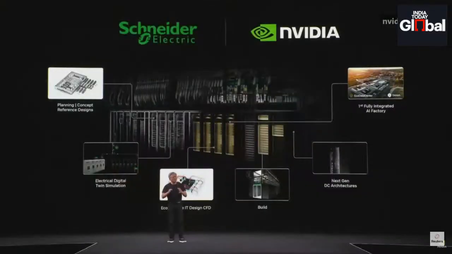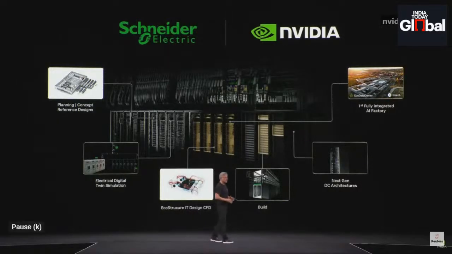One particular one I want to highlight, our partnership with Schneider, building these AI factories. We build them digitally now. We design them digitally, we build them digitally, we operate them or optimize them digitally, and we will even eventually optimize them and operate them completely digitally in a digital twin.